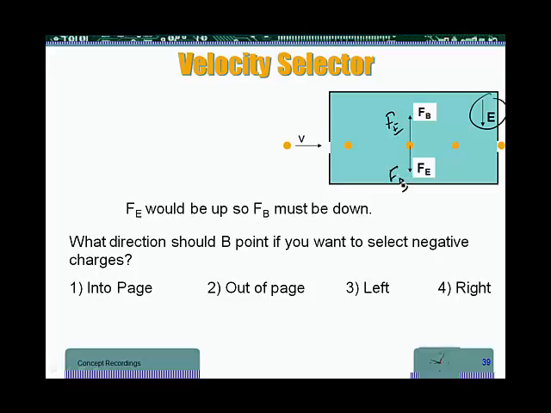So using the right-hand rule, the thumb should be in the direction opposite to the velocity, towards the left of the screen. F sub B should be pointing towards the bottom like we have it here. So the magnetic field is still into the page.